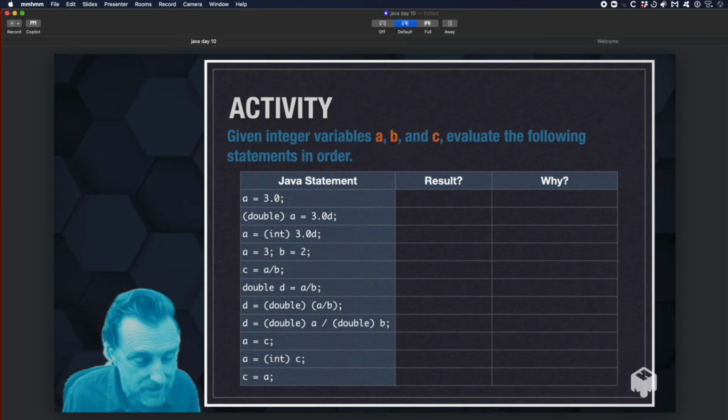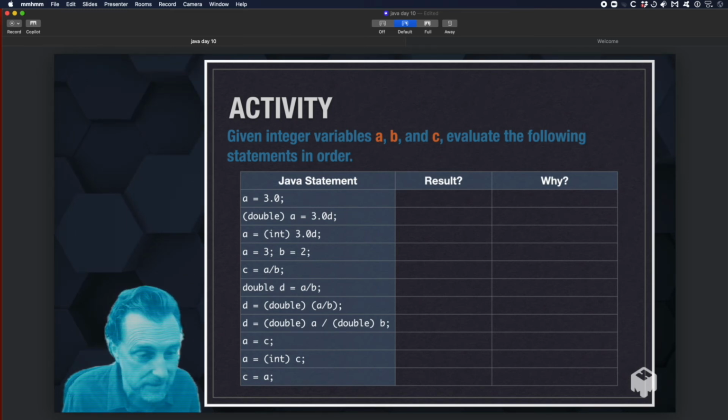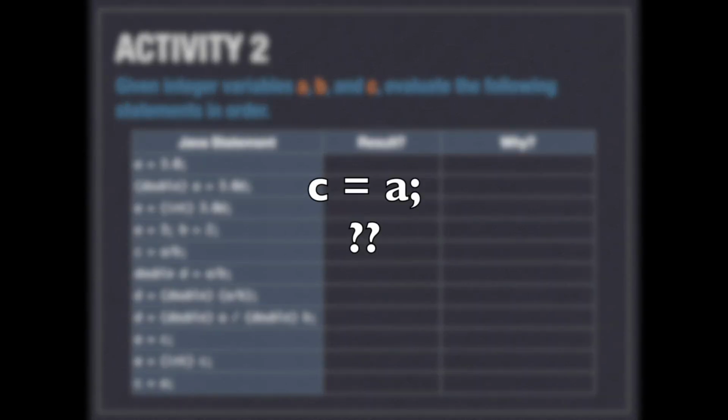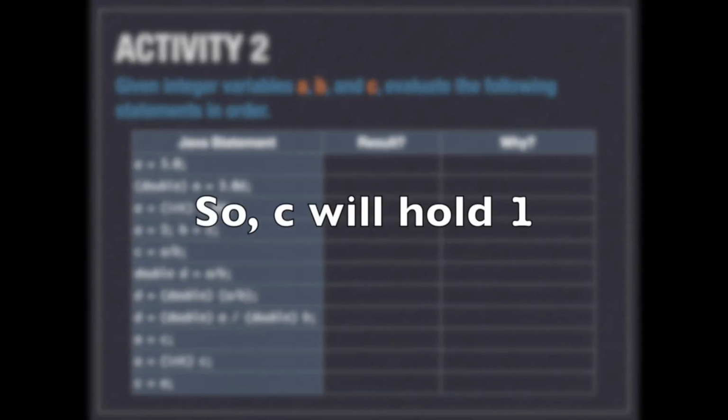Even in this case, since C is already an integer, recasting as an integer doesn't do anything, but it's okay. Java lets you do that. And then C equals A. Is there a data type mismatch? There is not. They're both integers. That will also work fine.